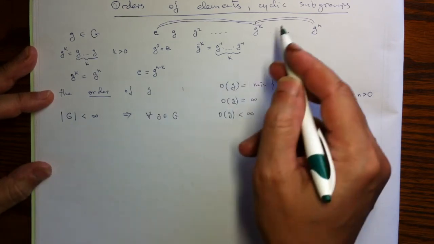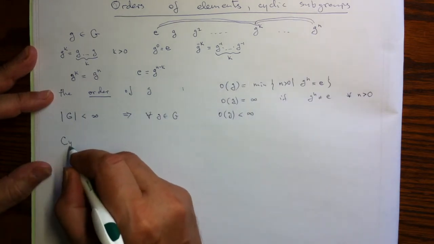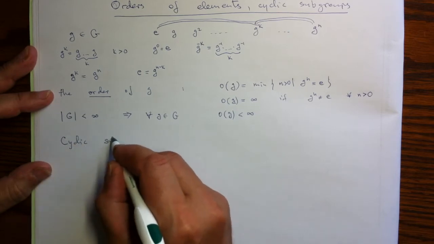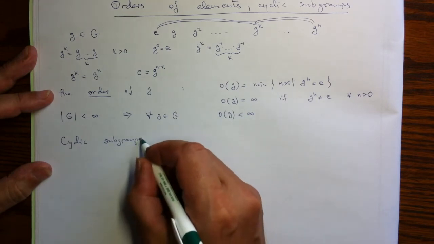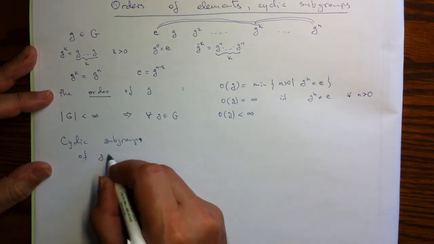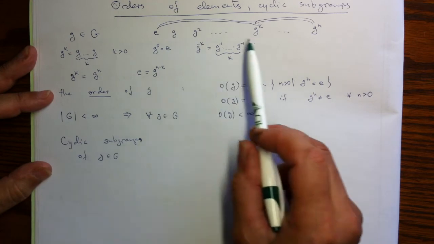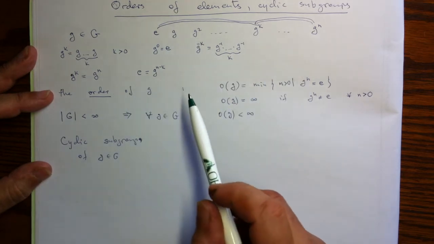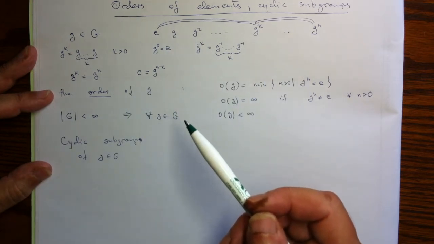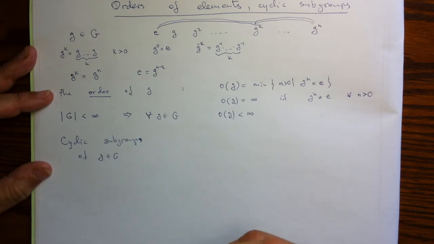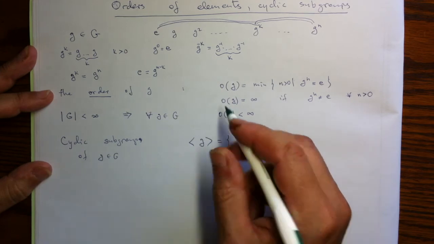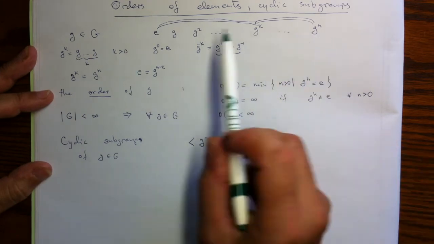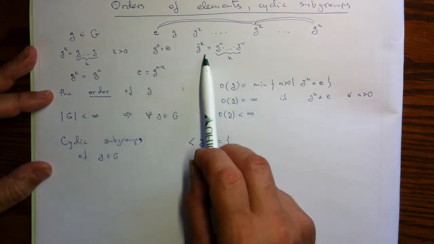So let's now look at the cyclic subgroup of a given element g. Well, this is really it. We just look at all possible things we can manufacture out of this element using our group operation, and that will be all possible powers of g, including the identity, and also all possible negative powers.